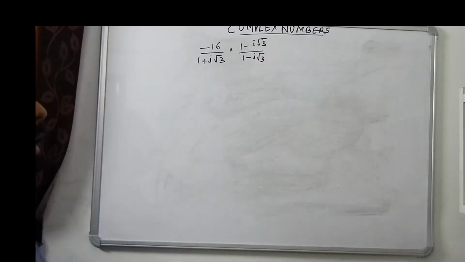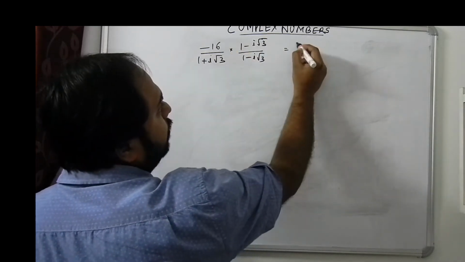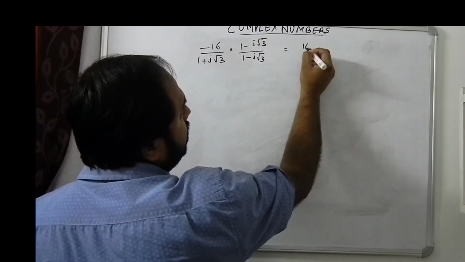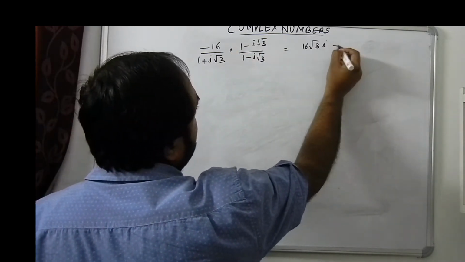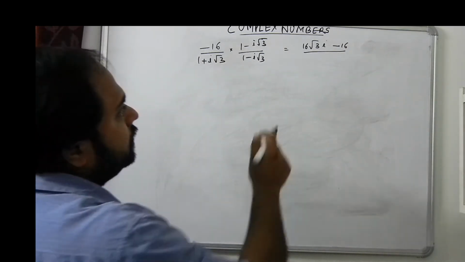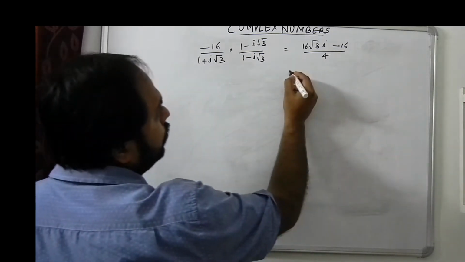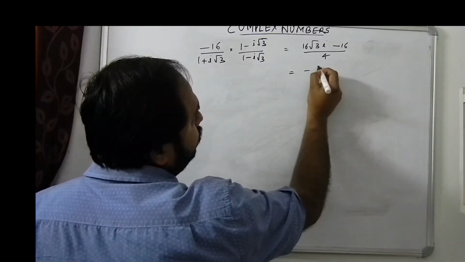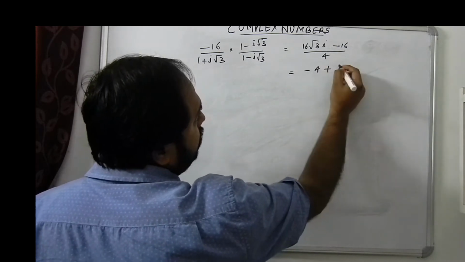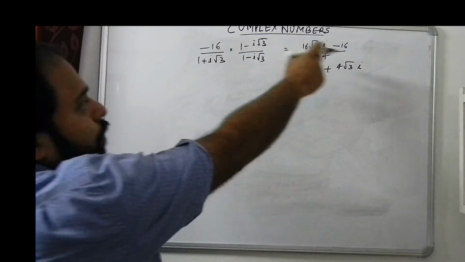In the denominator, I get a square plus b square, that is nothing but 4. The negative becomes positive, so it becomes 16 root 3 iota minus 16 upon 4. So I just cancel the 4, and it becomes minus 4 plus 4 root 3 iota.